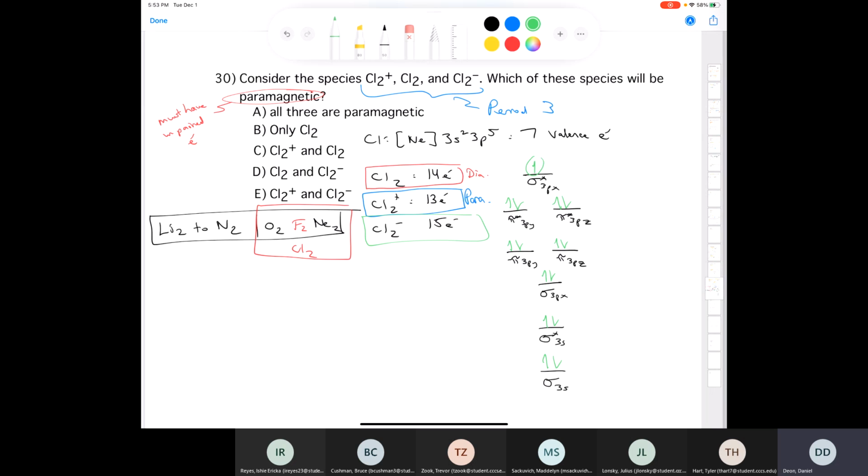I've got an unpaired electron, and so it is also... did I say diamagnetic when I meant paramagnetic? Sorry. It's got an unpaired electron, so it is paramagnetic. So the two that are paramagnetic are going to be Cl2 plus and Cl2 minus.